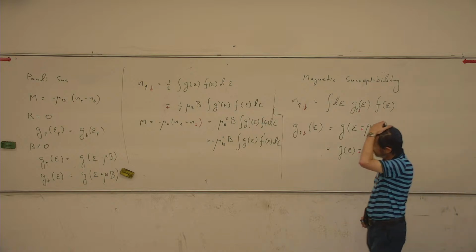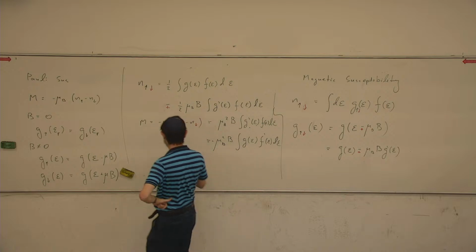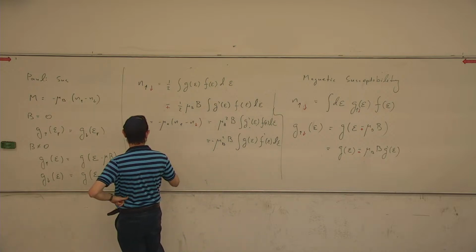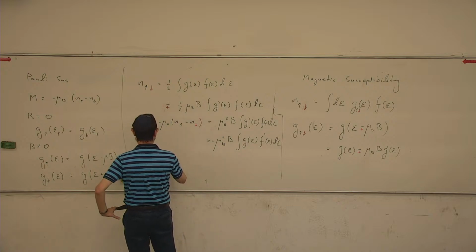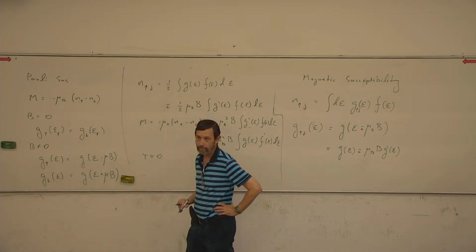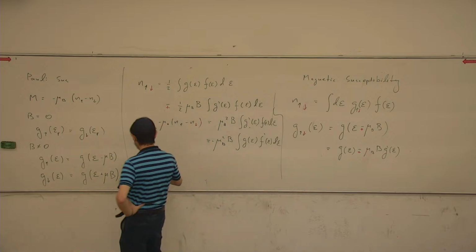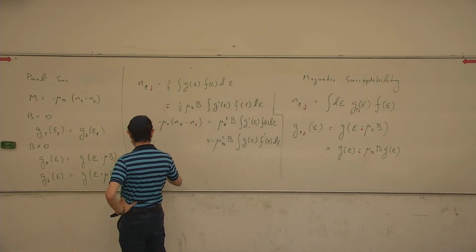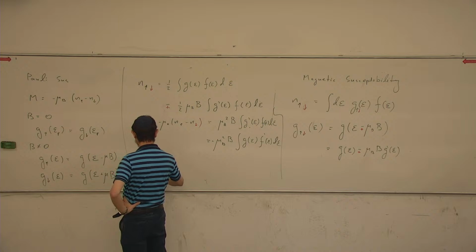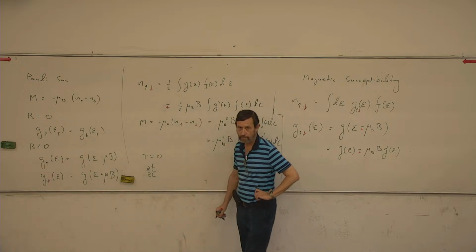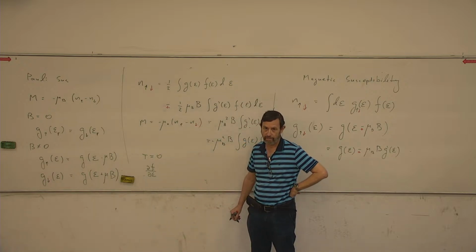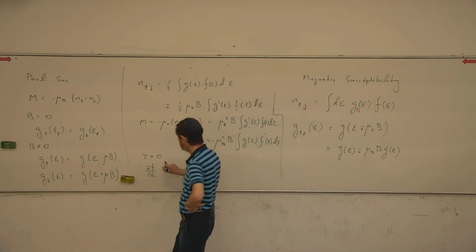Okay, let's get a feeling for T equals 0. What do we have at the Fermi energy?